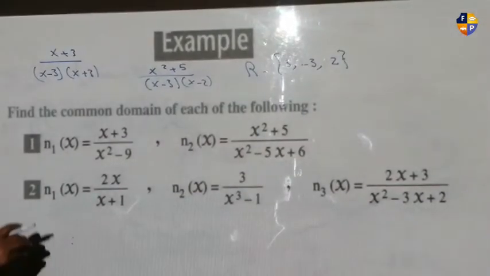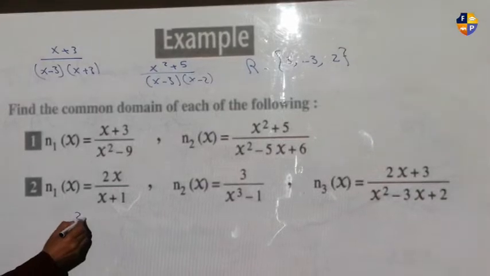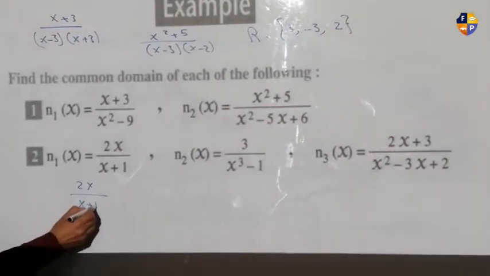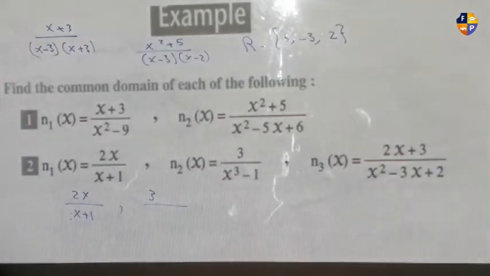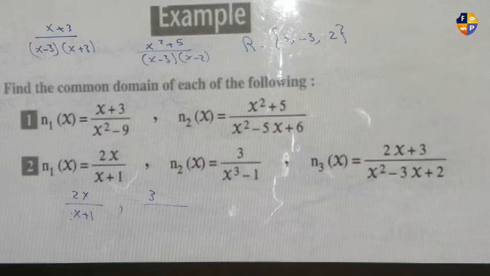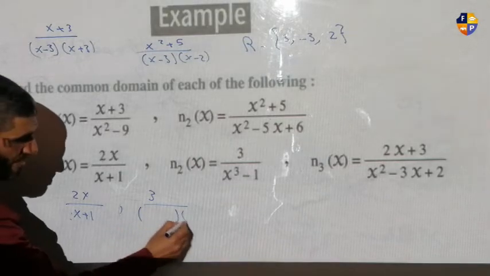Number 2, we can factorize the first one to x plus 1. Number 3, we can factorize x power 3 minus 1. We can call this a difference of cubes. We can factorize by 2 brackets.